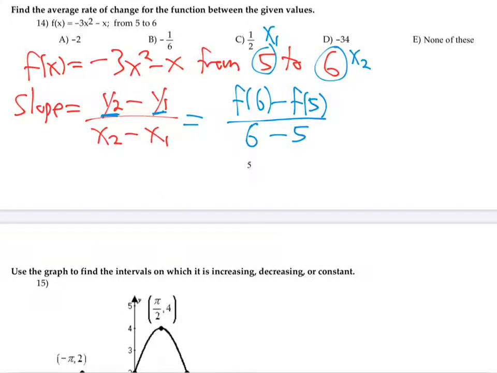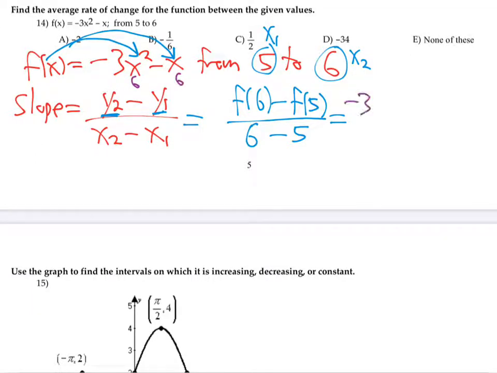Okay. Well, how do you find f of 6 minus f of 5? Remember, anything plugged into f goes in there and there, doesn't it? Remember, the x in a function is the holes in the toaster. You plug it in. So we're going to plug it in there. So f of 6 means plugging in 6 here and 6 here.